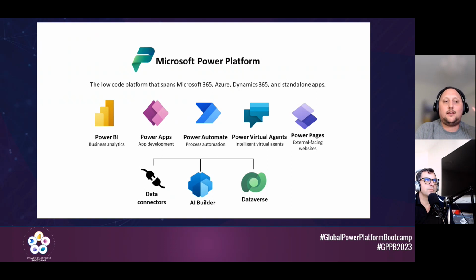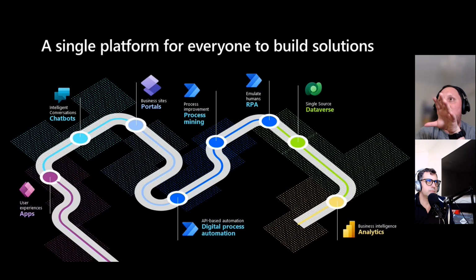Each component of the Microsoft Power Platform is built on the Dataverse, so you can connect all these tools with your Dataverse and then continue working with the Power Platform. Another way to see the Power Platform is to separate it, like I used to say, into 3 or 4 levels.